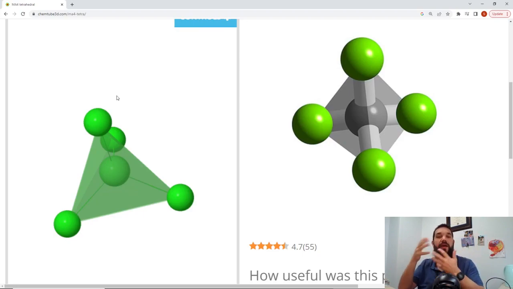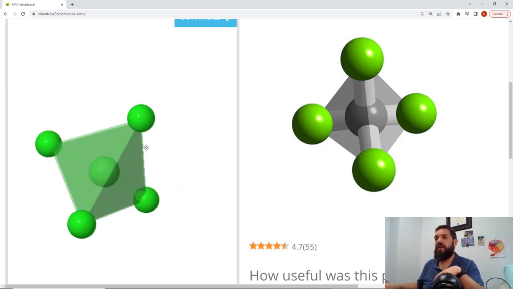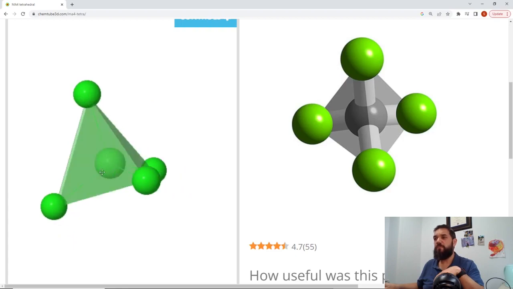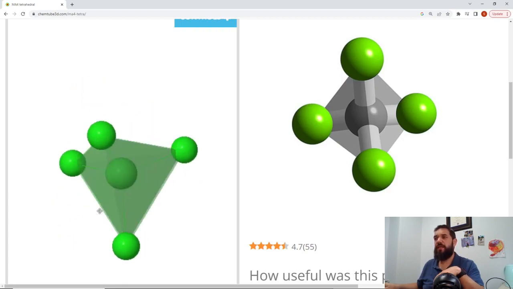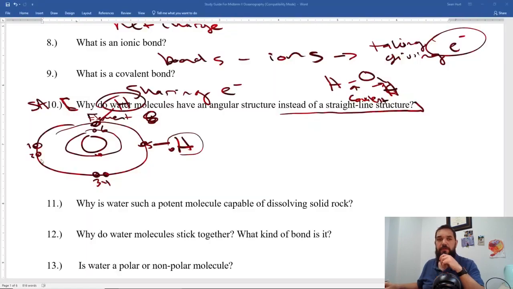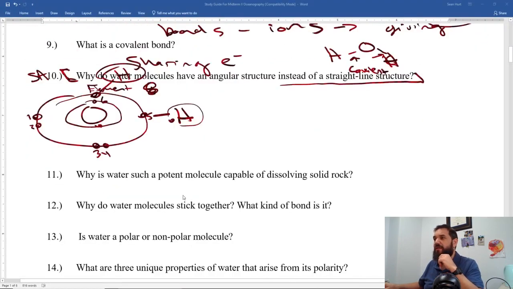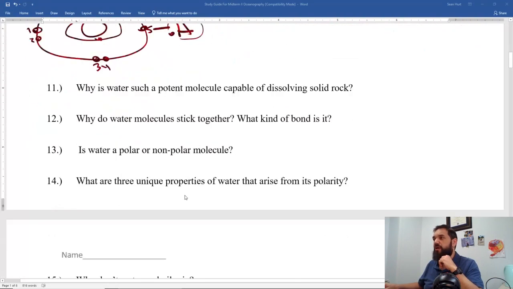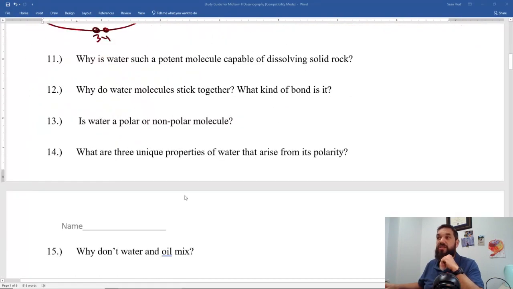So you end up with, again, a polar molecule, where one side of the molecule is negative, the other side positive. So you have to think of this tetrahedral shape, tetrahedral meaning 4 sides, to explain why water molecules have the angle that they do. So anyway, I hope that makes a little bit of sense. And that's why they don't have a straight line structure like, for example, carbon dioxide.